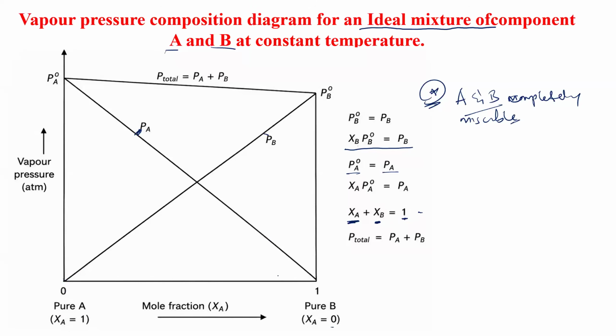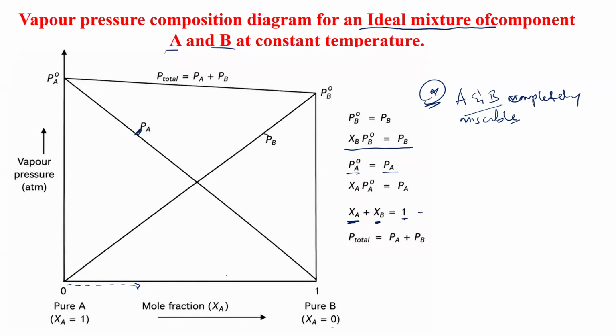As the proportion of B increases, going this side, the mole fraction of A in the vapor also decreases.